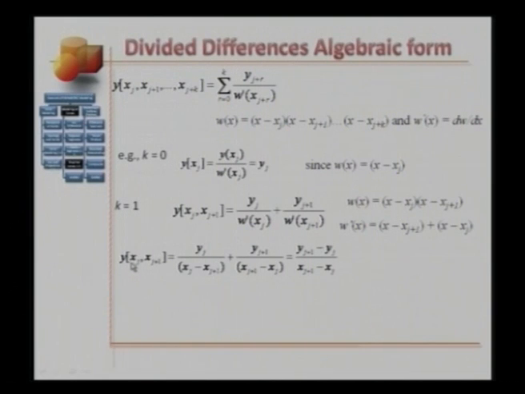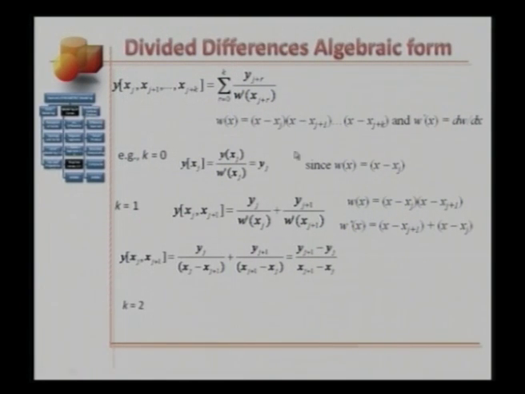So y of xj, xj plus 1 equals yj over xj minus xj plus 1 plus yj plus 1 over xj plus 1 minus xj. So this term here is a negative of this term. So this would make the left hand side equal to y sub j plus 1 minus yj over xj plus 1 minus xj.